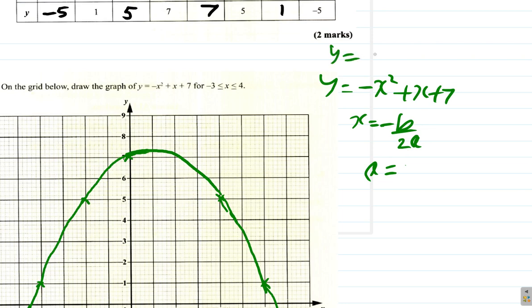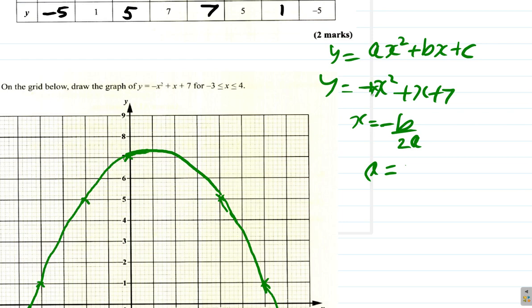Remember the general format of the quadratic equation: ax squared plus bx plus c. What you have is a number times x squared. This is the same as negative 1 times x squared. Right? Same thing.